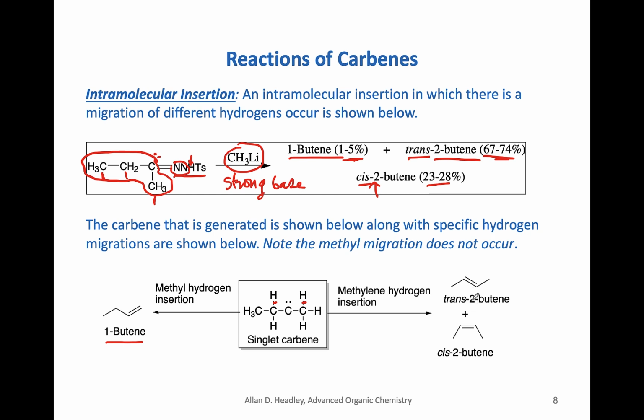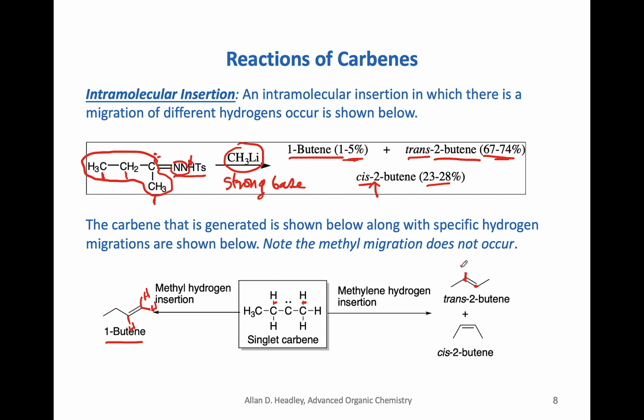As you can imagine, the 2-butene is higher in yield because it is more stable compared to the 1-butene. Remember, the more substitution around the carbon-carbon of the double bond, the more stable will be that alkene. So this has 2 hydrogens here and 1 hydrogen, so it's a monosubstituted alkene.